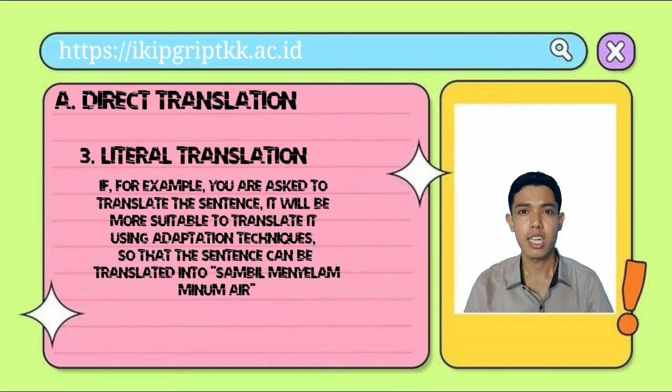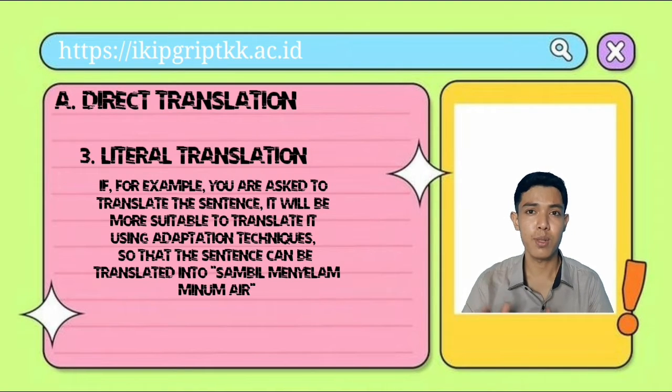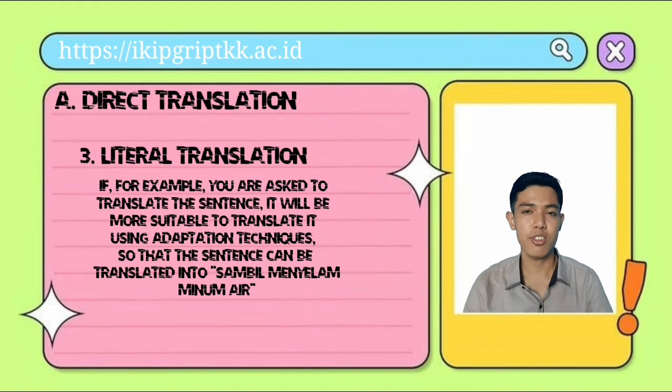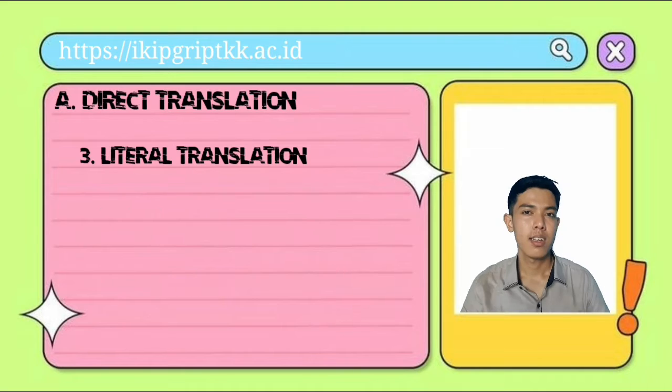It will be more suitable to translate it using the adaptation technique that will be explained by my friends, so that the sentence can be translated into sambil menyelam minum air in Bahasa. That is the real meaning of killing two birds with one stone if we use the right type of translation technique. So, what is the literal translation technique used for?